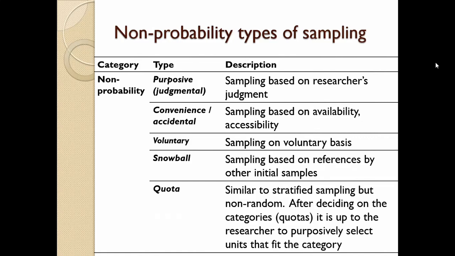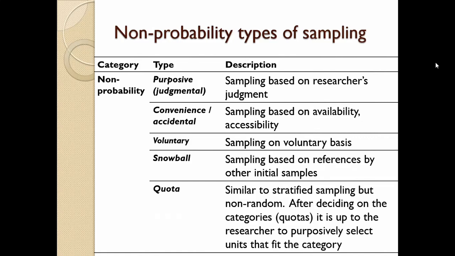You have convenience sampling, which is also sometimes referred to as accidental, because the sampling is based on availability or accessibility of individuals. So you get to a certain community or a certain organization, and there are people who are available to participate in the research without you putting more effort or struggling to look for those samples.